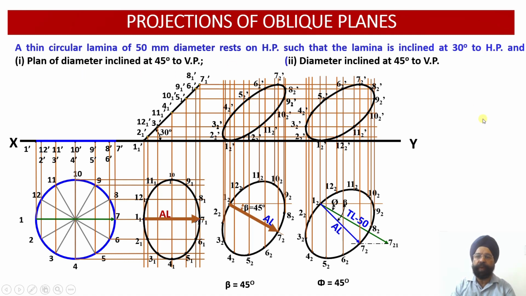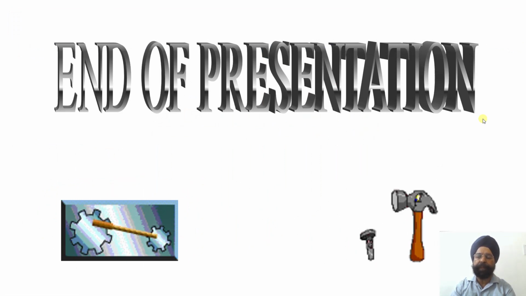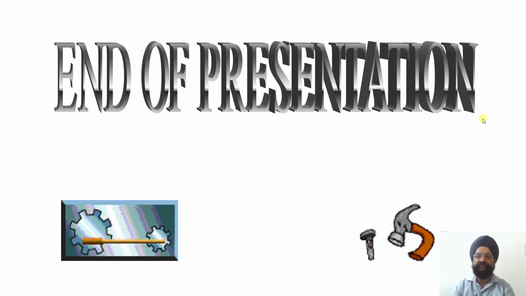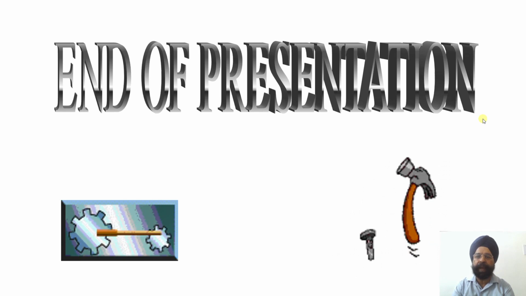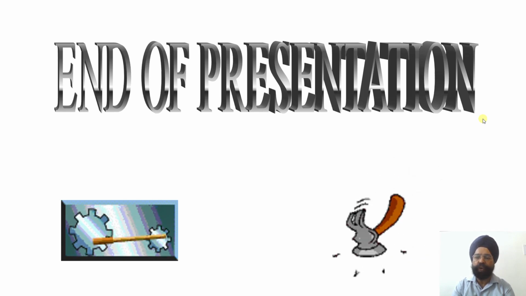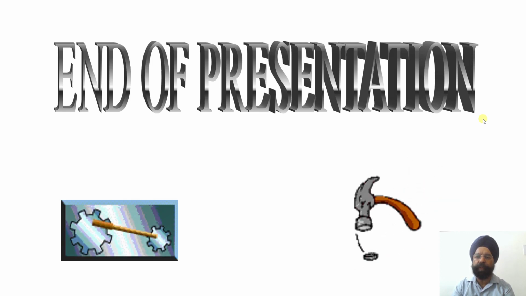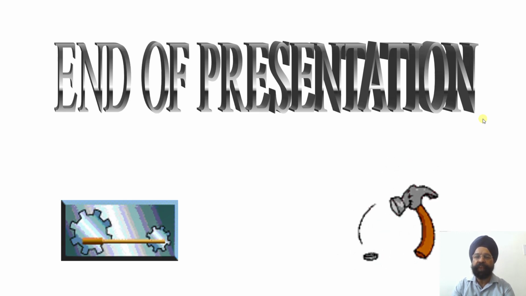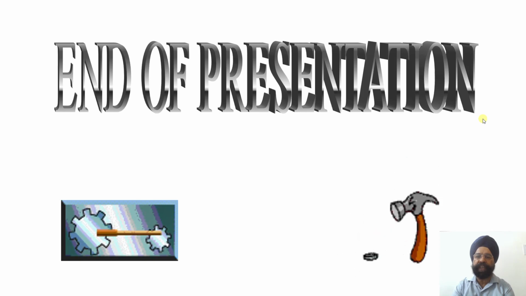So this is all about the projections of the circular lamina which is inclined to both HP and VP. We'll continue with the discussion regarding projections of the oblique lamina in the subsequent lectures as well. I hope you have understood how you can go about constructing the front view and the top view projections of the oblique circular lamina.